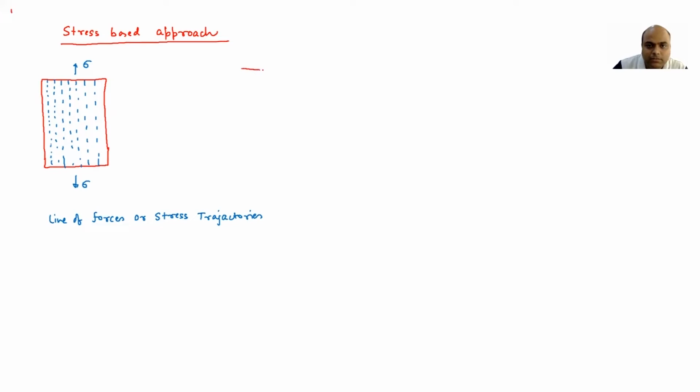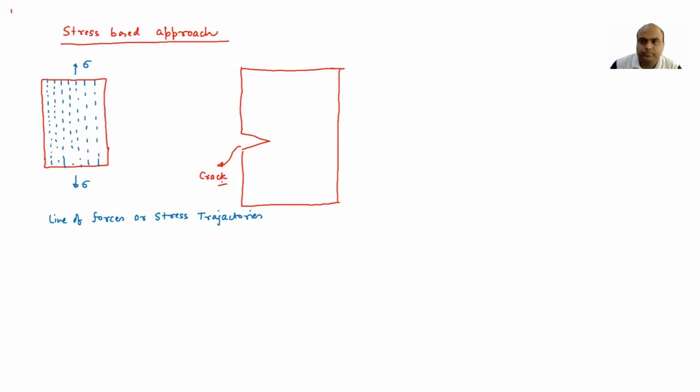So I'm just increasing the size of the plate, and I am introducing now a crack here. So this is the crack. We have the same sigma, so the applied stress doesn't change.